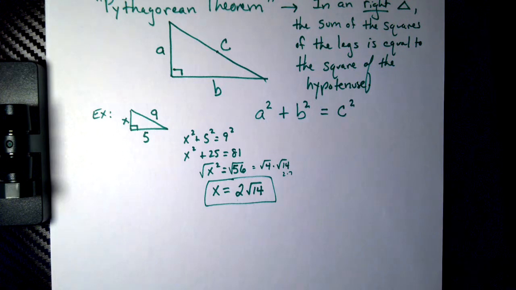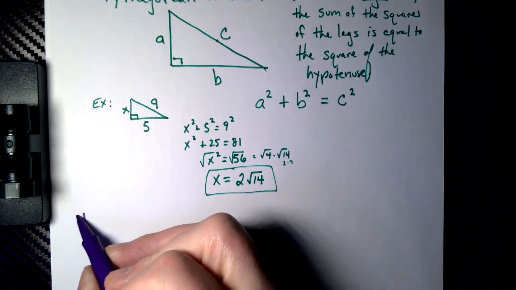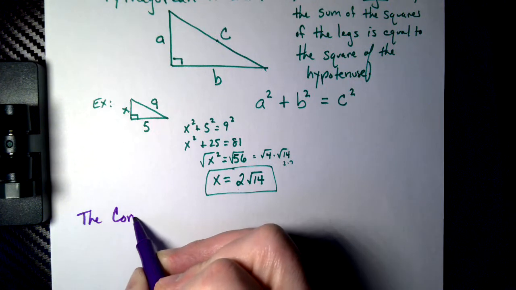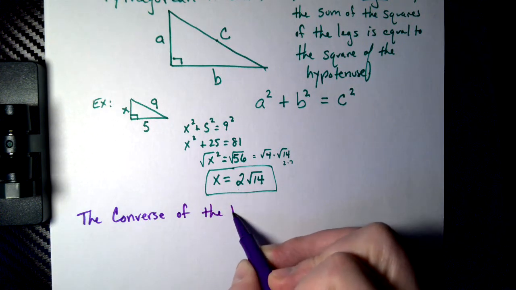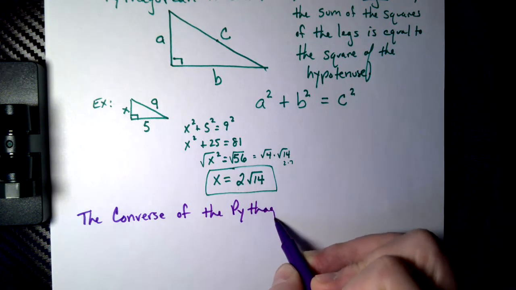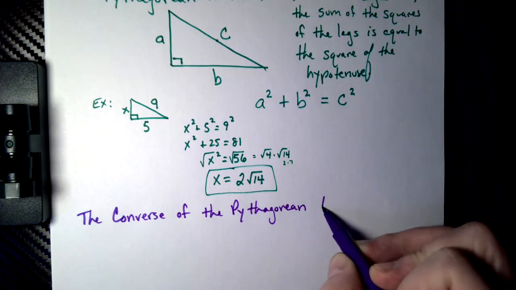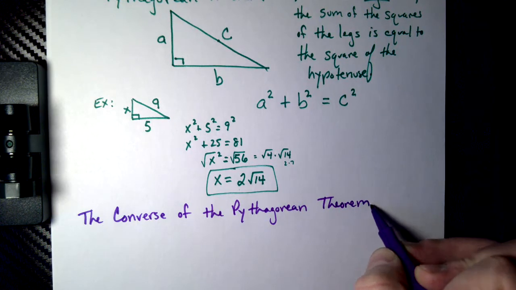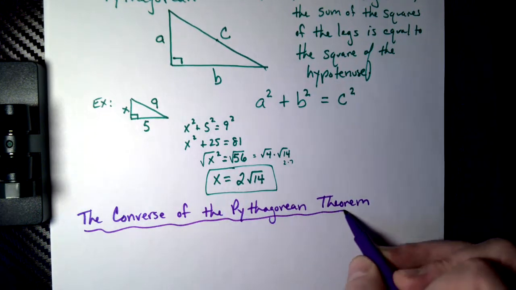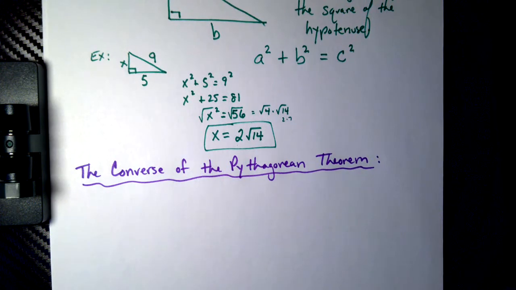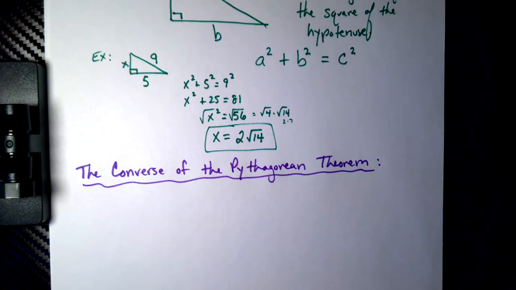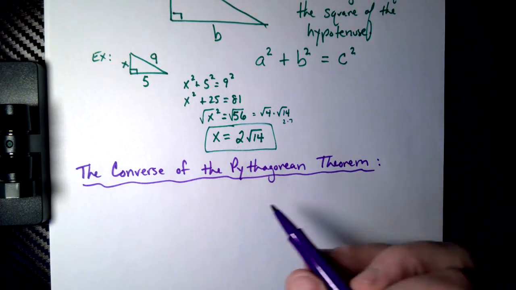There's something called the converse of the Pythagorean theorem. What is the converse? This is where you don't know it's a right triangle. That's what makes it the converse. What you do know are the sides.